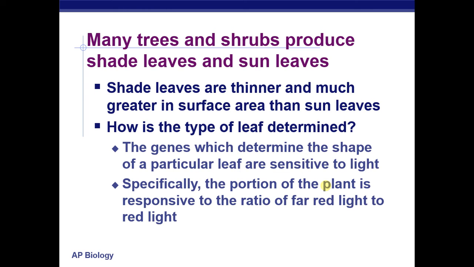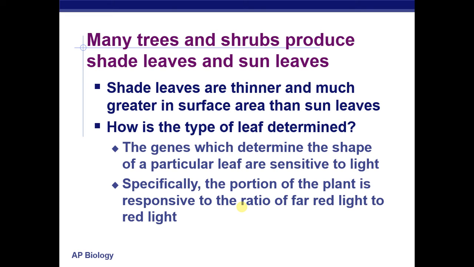And so that exposure to far red light will help it develop into a thinner leaf with a greater surface area. Or if it is exposed mostly to red light, it would have a thicker profile that would not be as great in surface area. And so that's an example of phenotypic plasticity, changing in response to the environment.